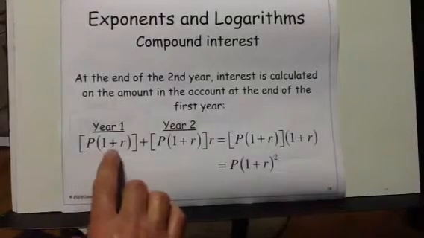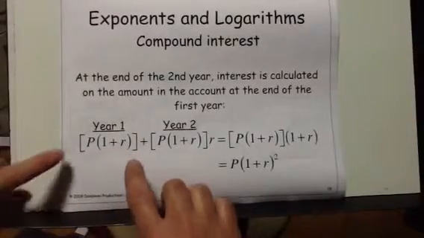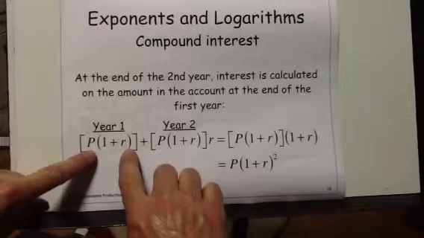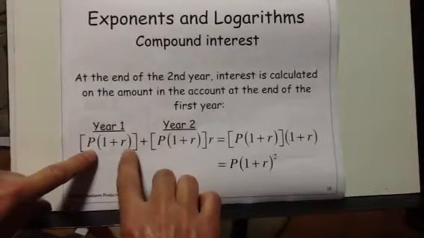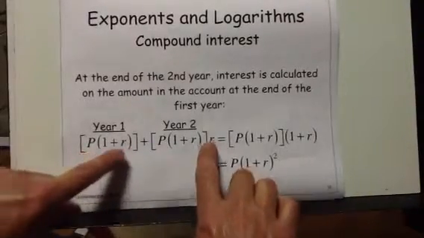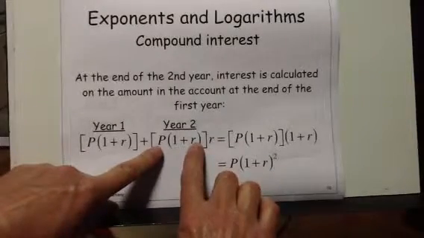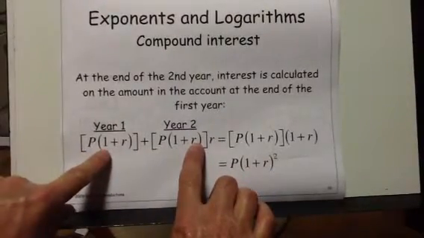Well, at the end of year 1, you have this much money. In year 2, you're generating your interest on the amount of money that you had at the end of year 1.